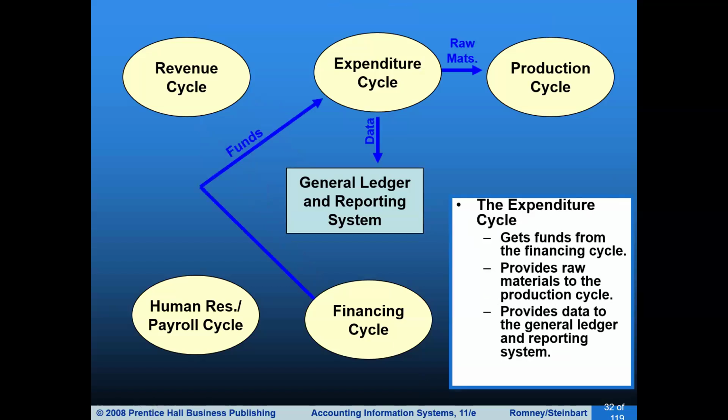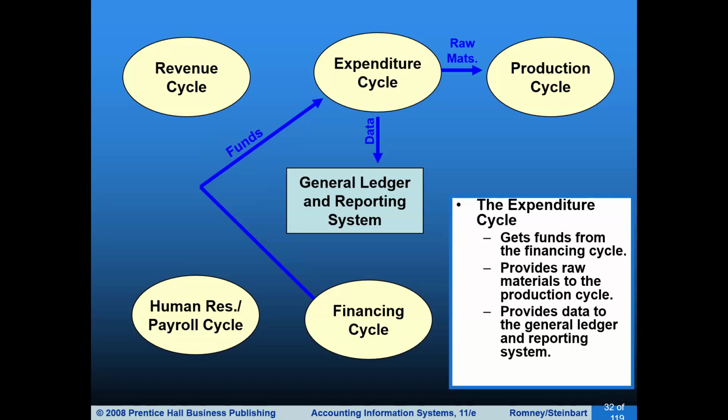Then the expenditure cycle. The financing cycle gives funds to the expenditure cycle, and the expenditure cycle gives data to the general ledger and reporting system, and gives raw materials to the production cycle.